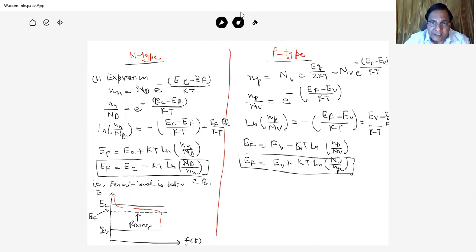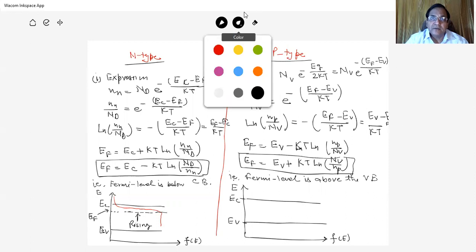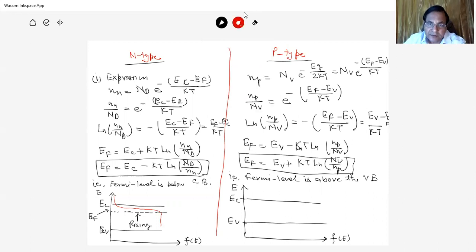So this indicates that the Fermi level is above the valence band, and the diagram can be shown as f of E, here it is E, this is Ec, this is Ev, then we have this diagram.